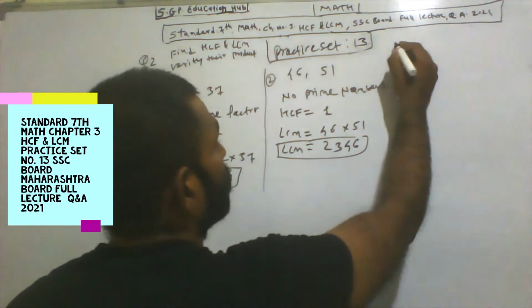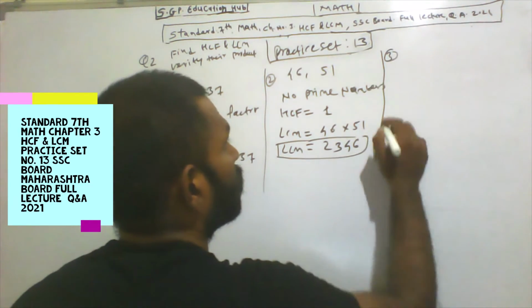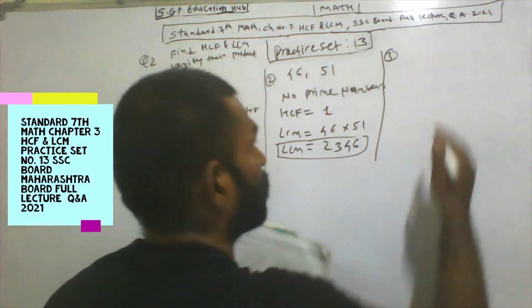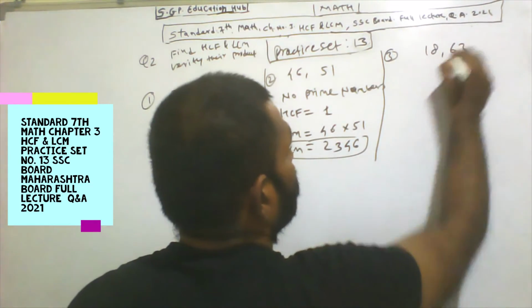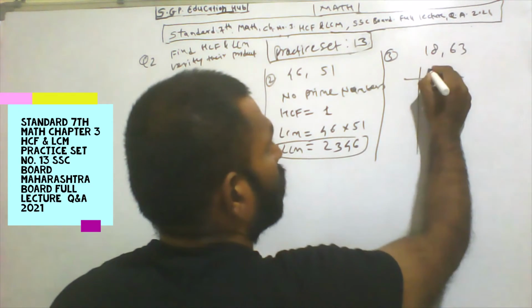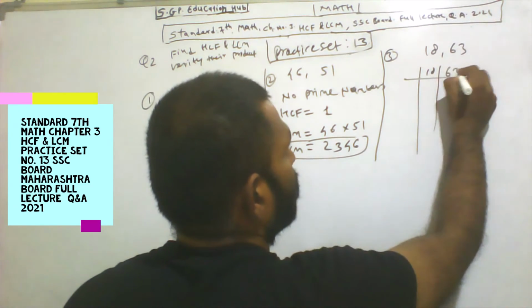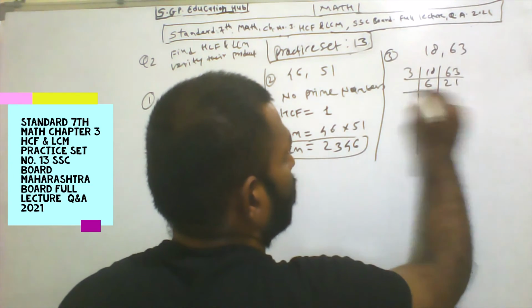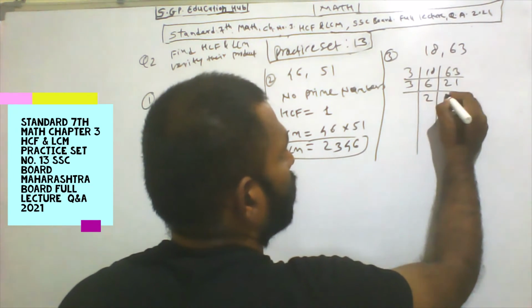Now question number 3: 18 and 63. Both can be divided by 3: 3 6s are 18, 3 21s are 63. Also divided by 3: 3 2s are 6, 3 7s are 21.